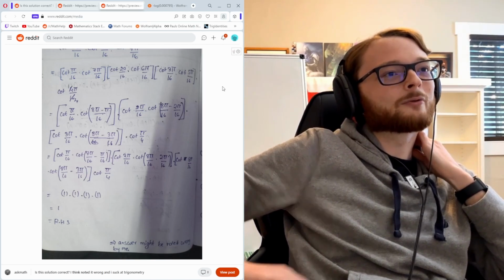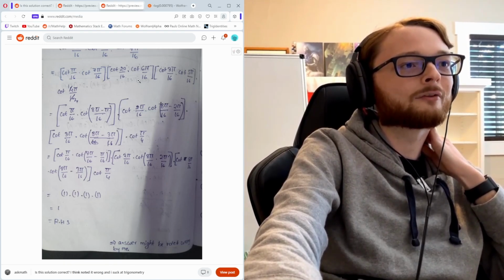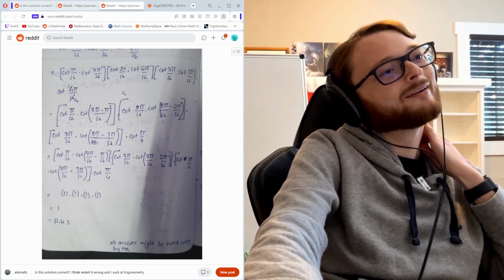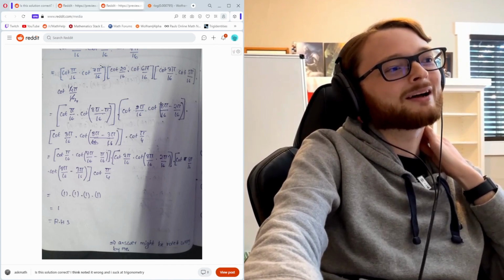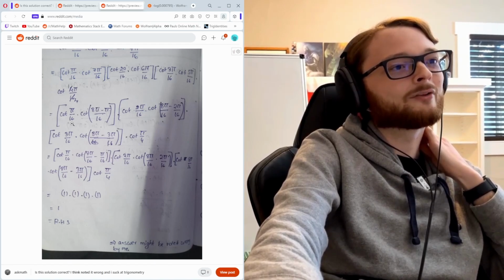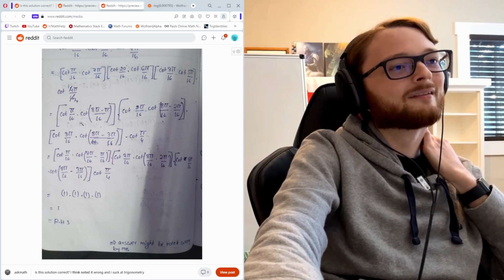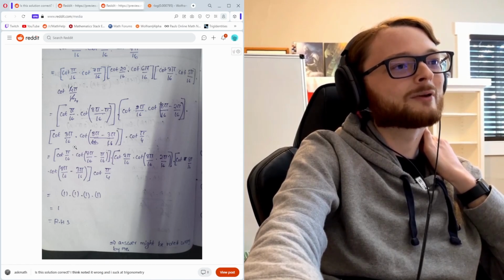So this person grouped them up such that the angles add to 8 pi over 16. Oh. They turned the 7 pi into 8 pi minus pi. And actually, yeah, we can see from their continued work that they're all over 16. Is there a subtraction identity for cotangent? There must be, right? They're doing this?